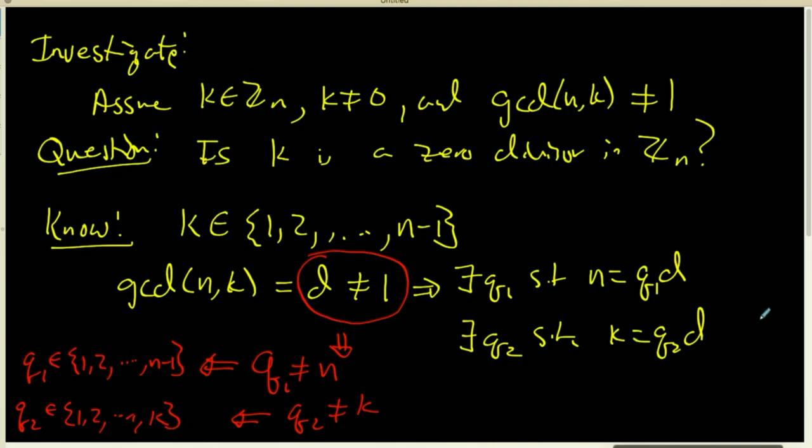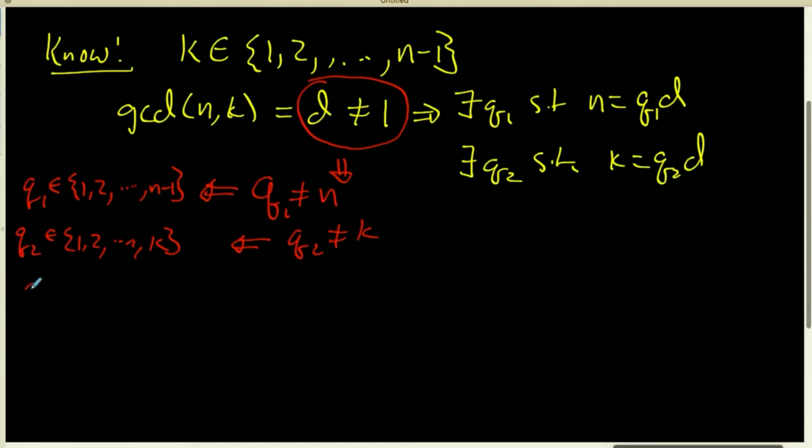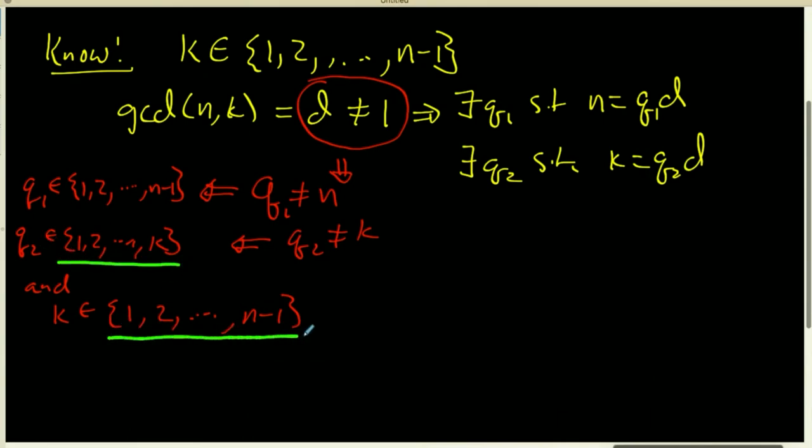But now I do want to remember that k is also known to be inside the set {1, 2, all the way up to n minus 1}. So this set here is a subset of this set.